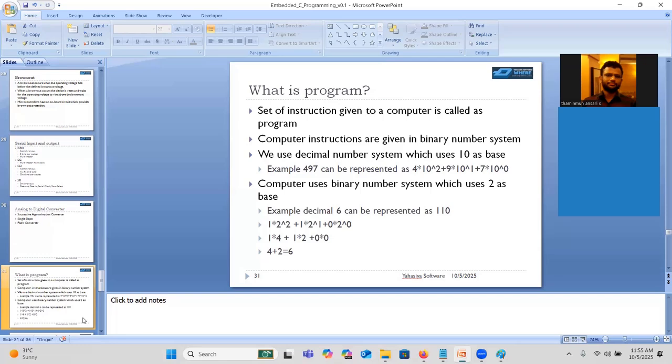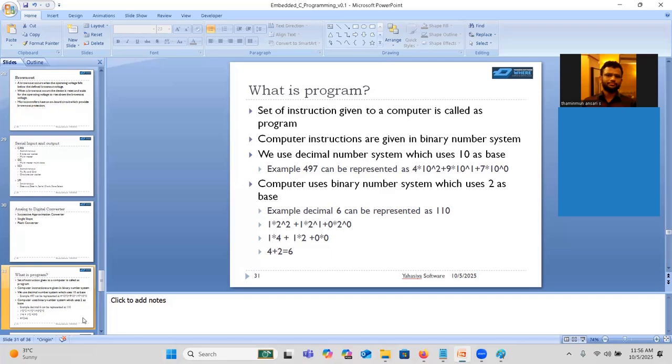Instructions can be given one by one also. But when we combine all our instructions in a module or a series of sets, then that is called a program. Computer instructions are given in binary number system.